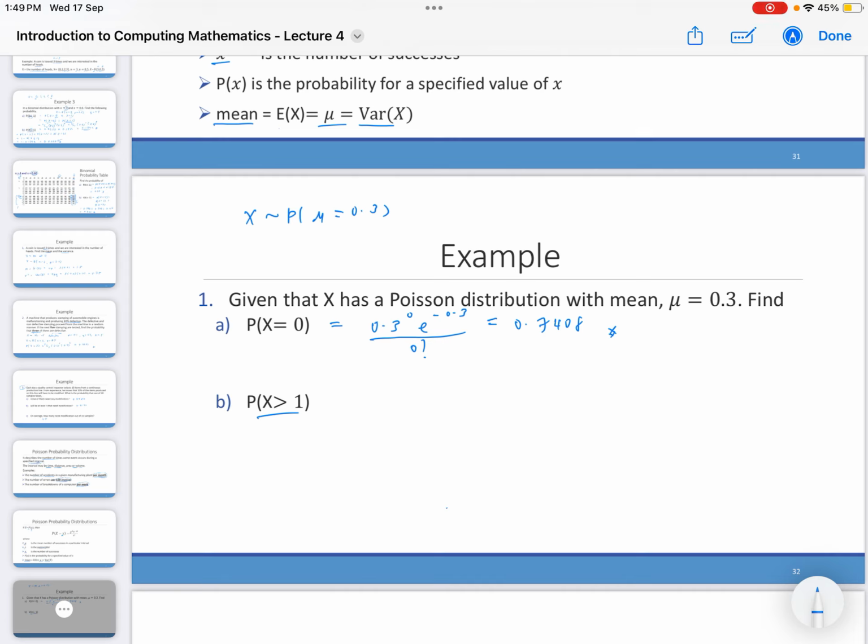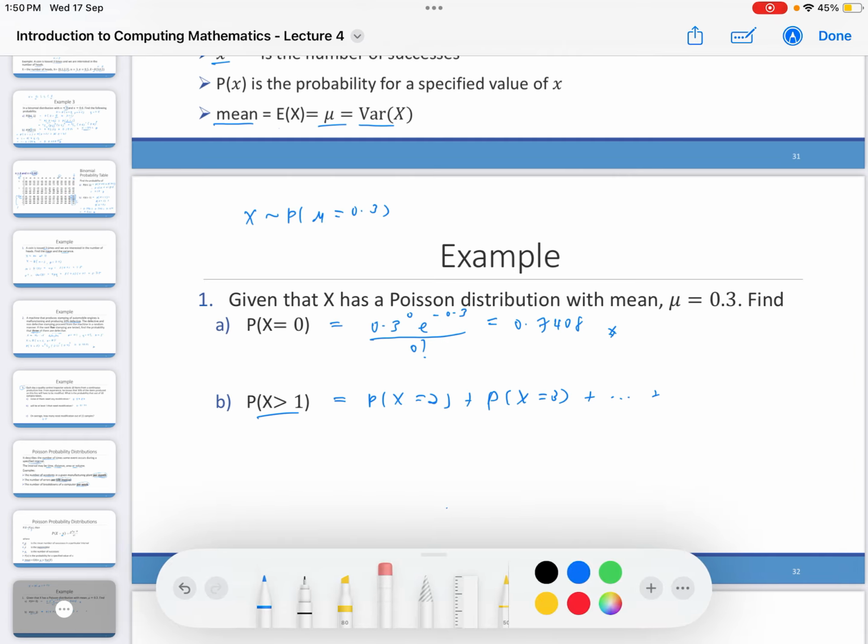For binomial, the maximum value of X is only up to the number of trials, but for Poisson, X can go up to infinity. Here we don't include 1 because we don't have the equal sign. So this is probability of X equals 2 plus probability of X equals 3 plus, up until infinity basically.